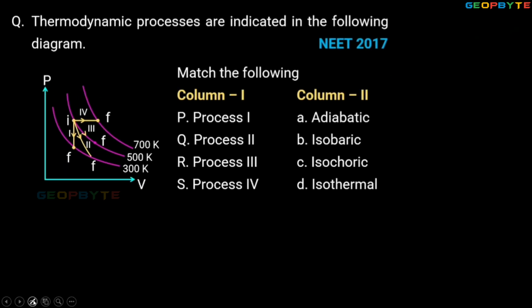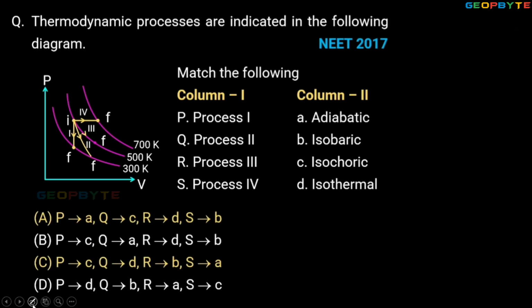Look at this problem. It is asking like this. Thermodynamic processes are indicated in the following column. Process 1 is P, process 2 is Q, process 3 is R, process 4 is S. Look at process 1.